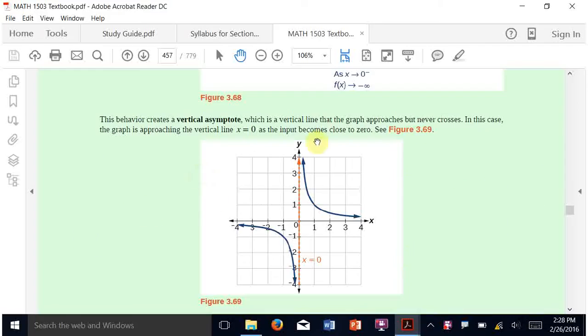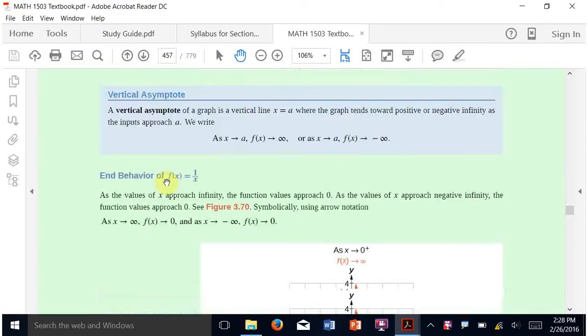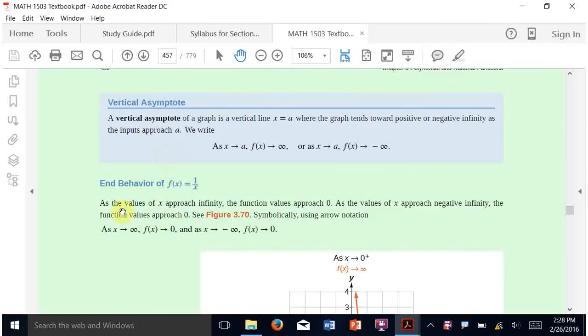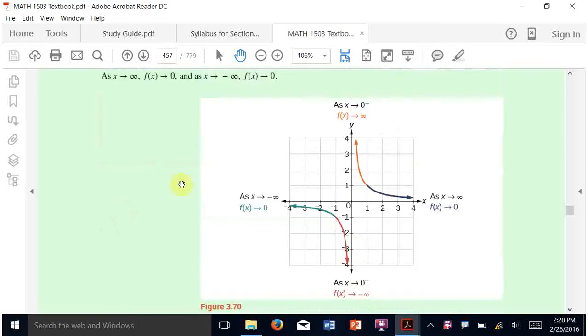With asymptotes, we talked about the informal definition. So here's a more formal definition. What asymptotes are particularly interested in is behaviors at infinity and negative infinity. For vertical asymptotes, as you approach that value of x for your vertical asymptote, your f of x will approach infinity or negative infinity.